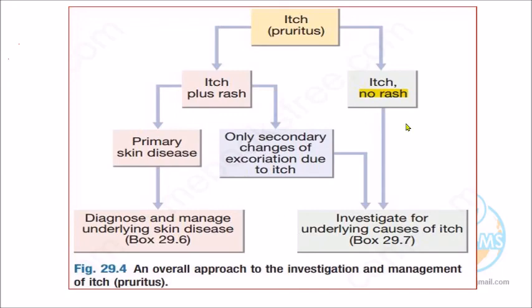But in other systemic disease, we will refer the patient according to the system. Suppose polycythemia rubra vera, we will not refer the patient to a dermatologist, but the patient presented with the itch. So it's a tremendously effective algorithm for us and easy to remember also, doctor. I think all of you understood.